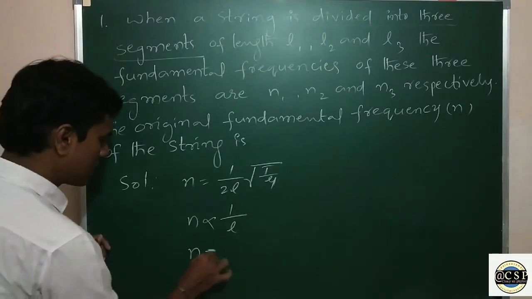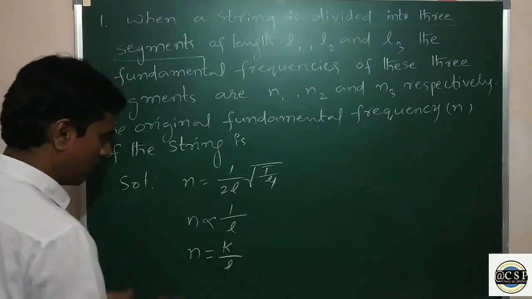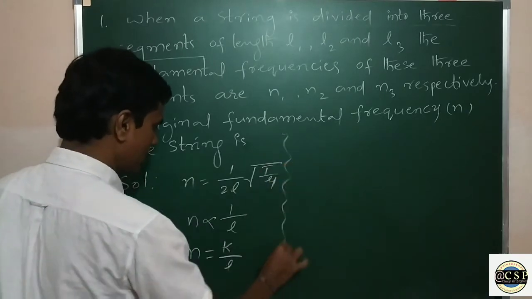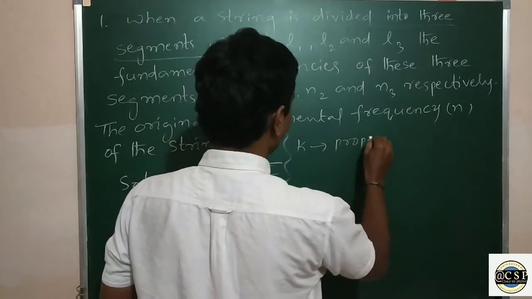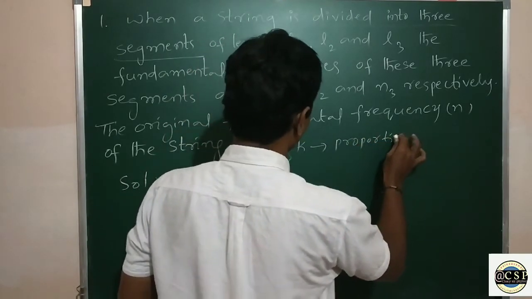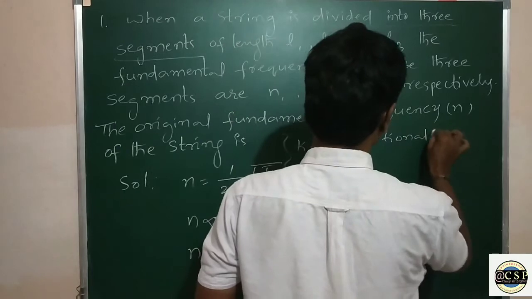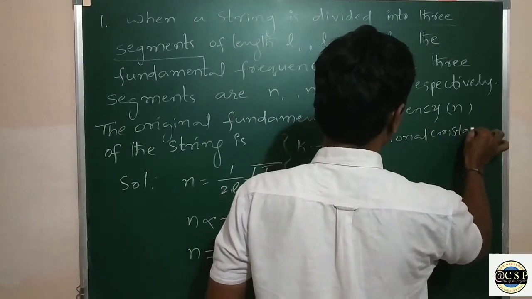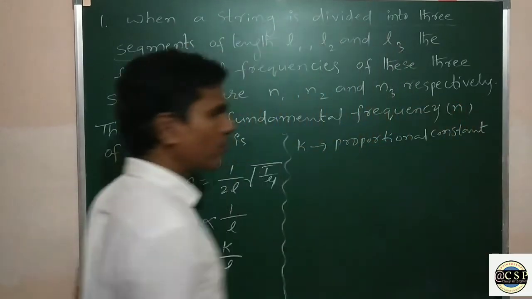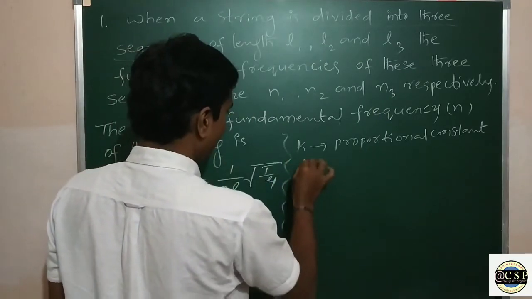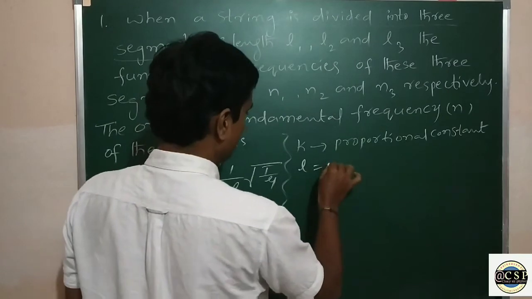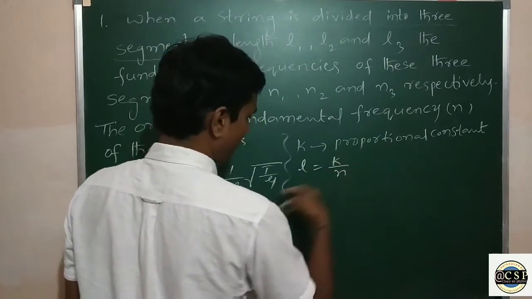Here n is equal to k by L, where k is a proportional constant. We need to take L is equal to k by n.